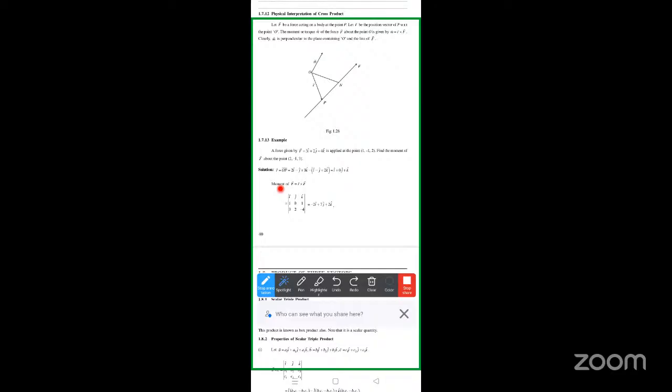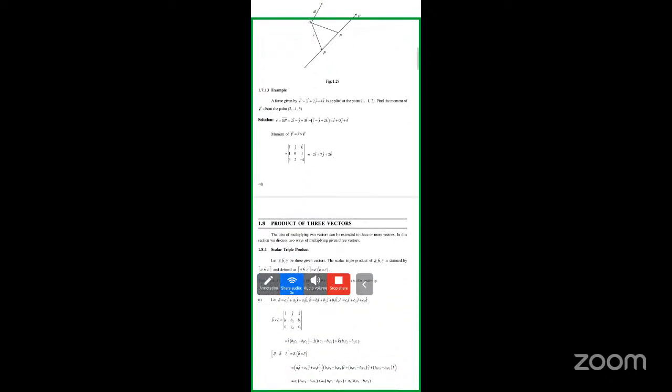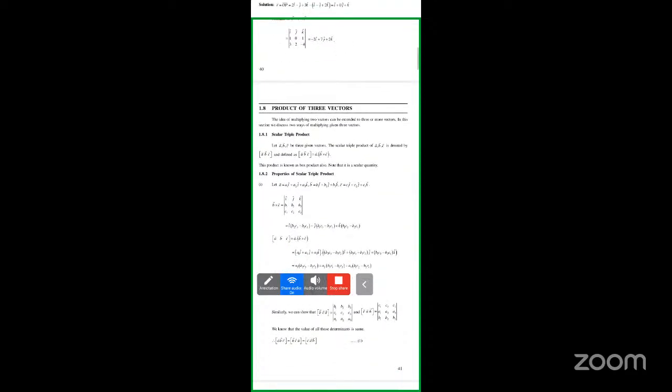So the moment of F is equal to R cross F. So the determinant with rows i j k, 1 0 1, and 3 2 -4. After solving the determinant, we are getting -2i + 7j + 2k. So this is the moment of the given vector.